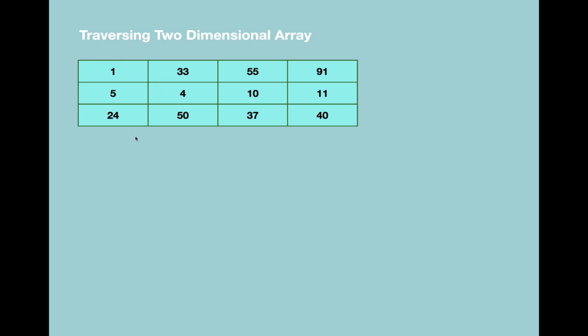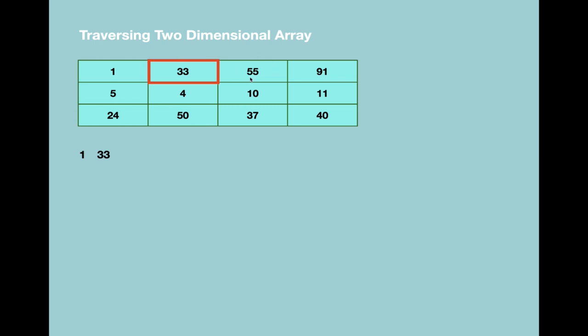So the traversal in a two-dimensional array works like this. We start from here, which is the first row and first column. Then we print out this value. Then we continue along this row. The second element in traversal will be 33, which is row 0, column 1.